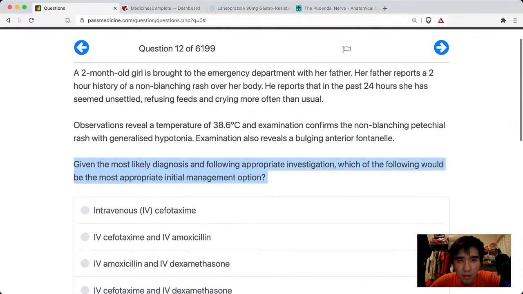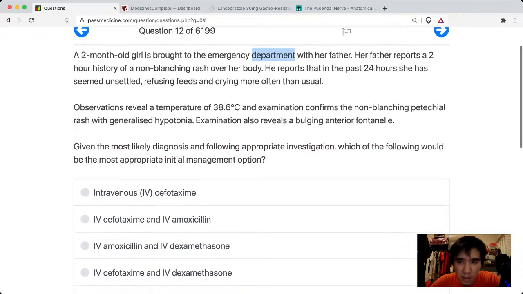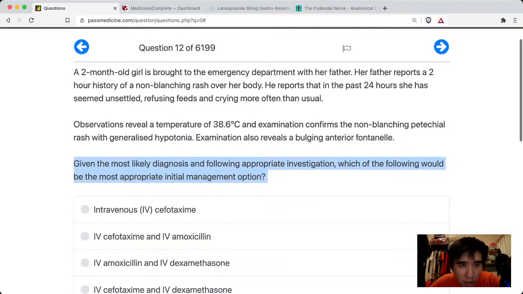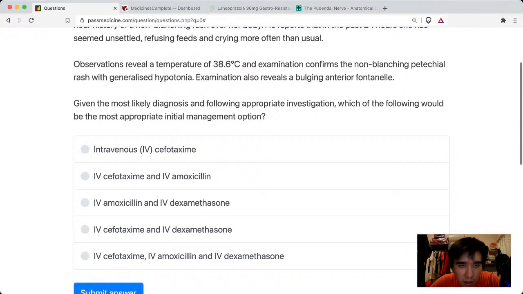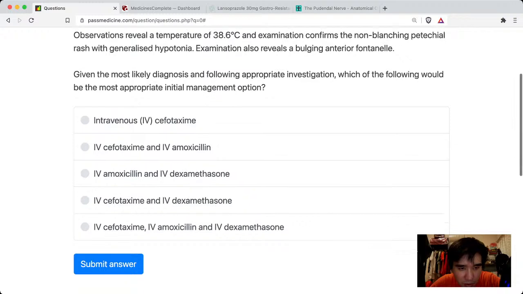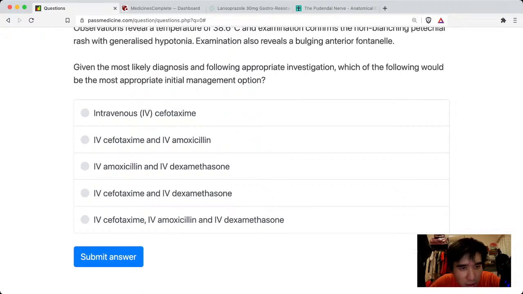Where is she? She's in a hospital already. Initial management option, how old is she? 2 months. I don't remember the guidelines. There are guidelines for this, which I don't remember. Cefotaxime and dexamethasone. I think dexamethasone is required.